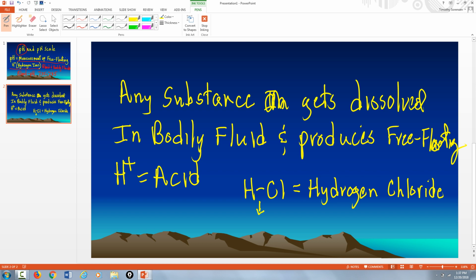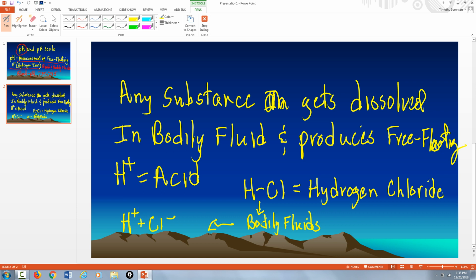When they get dissolved in bodily fluids, the water will break those weak bonds apart. So when hydrogen chloride gets dissolved in bodily fluids, it produces free-floating hydrogen ions and free-floating chloride ions.